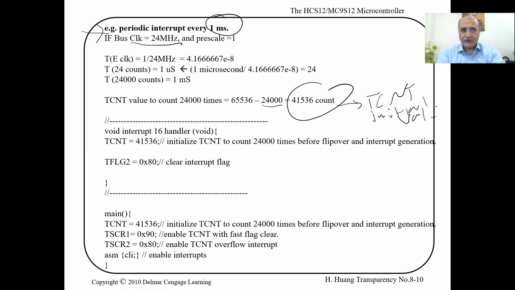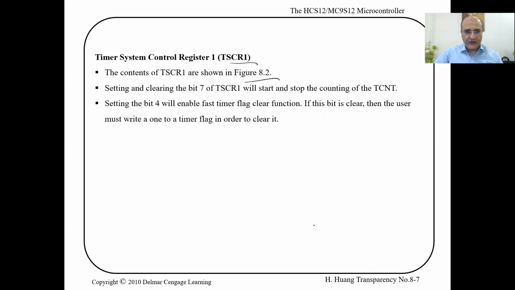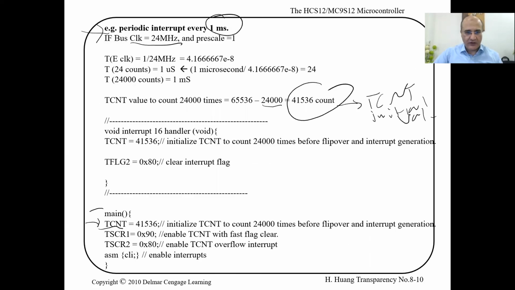You write it in your main program initially. Then this is not going to count yet. It starts counting after we enable normal operation, after we write TSCR1. So TSCR1 should be written afterwards, honestly.